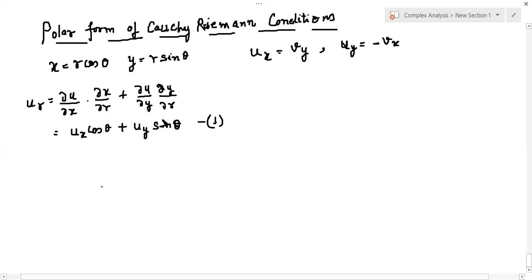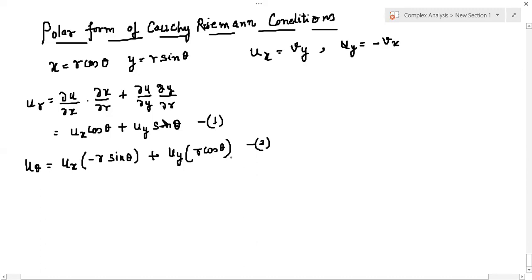What about u theta? u theta will be the same: del u upon del x into del x upon del theta. So you'll get ux, and del x upon del theta is minus r sin theta. Plus del u upon del y, so uy remains here, into del y upon del theta, which is simply r cos theta.